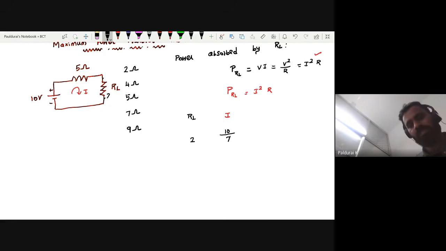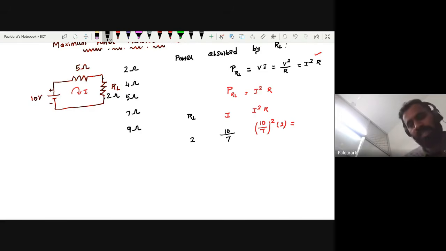Because both are connected in series. So 5 plus 2, 7, voltage is 10. So 10 divided by 7 will give you I. So now, what is my I squared R? This is my power, right? So this is nothing but 10 divided by 7 the whole square, into R. What is the value for R? This R is 2. So now this is my power, right?